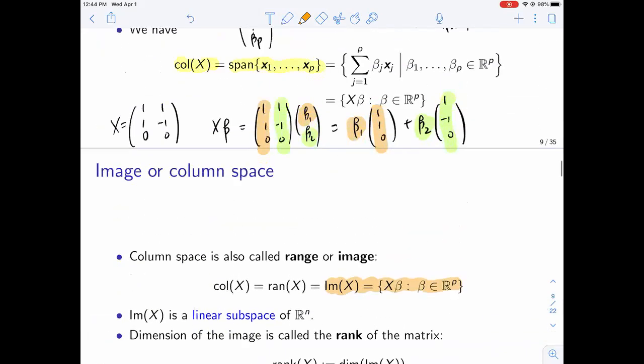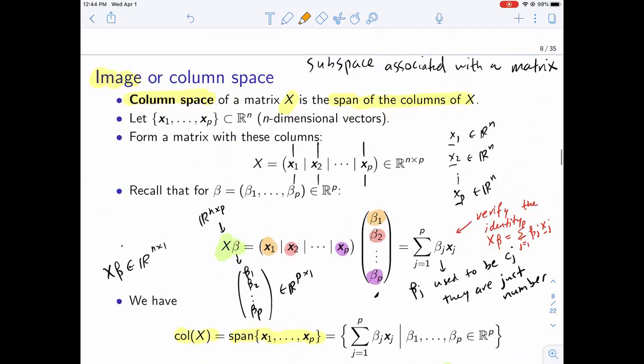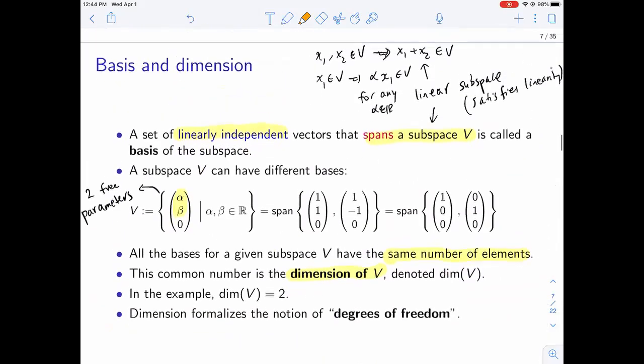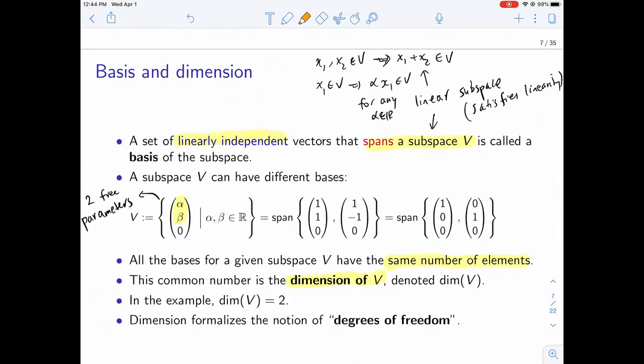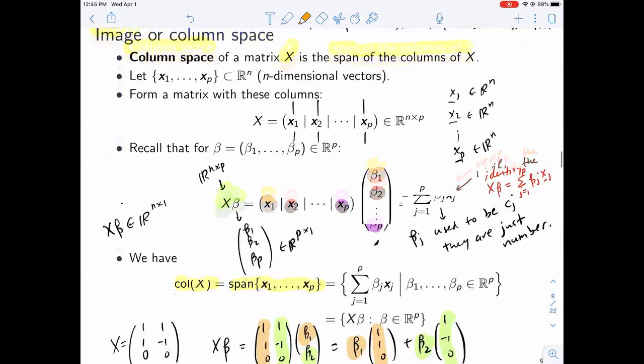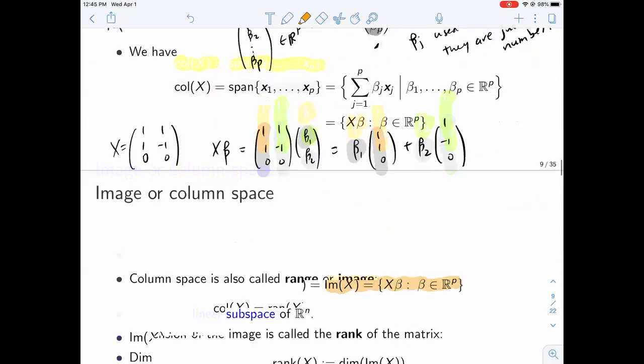And if you recall what a linear subspace is, somebody discussed this here. A linear subspace satisfies this linearity assumption. If you have x1 and x2 in V, then when you add them up, they're still in V. And when you rescale x1, which is already in V, it's still in V. So you can verify for yourself that the image of X is a linear subspace.